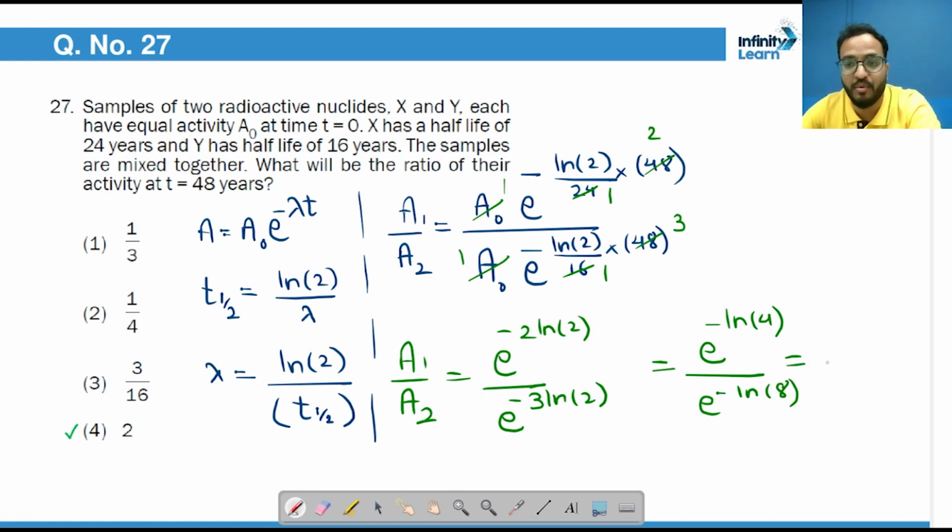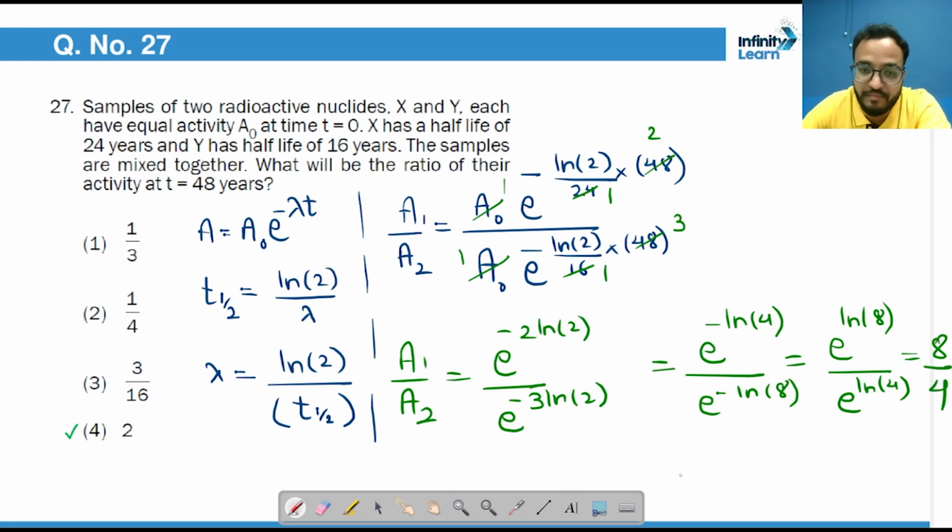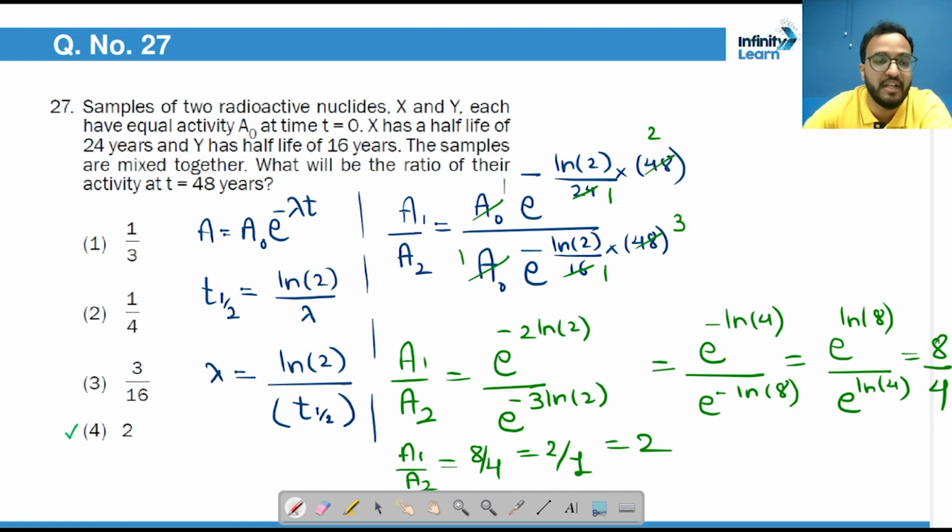Minus power means reciprocal, so we will say e to the power ln8 upon e to the power ln4. This is 8 upon 4. So A1 upon A2 will become 8 by 4, that is 2 is to 1, or ultimately 2.